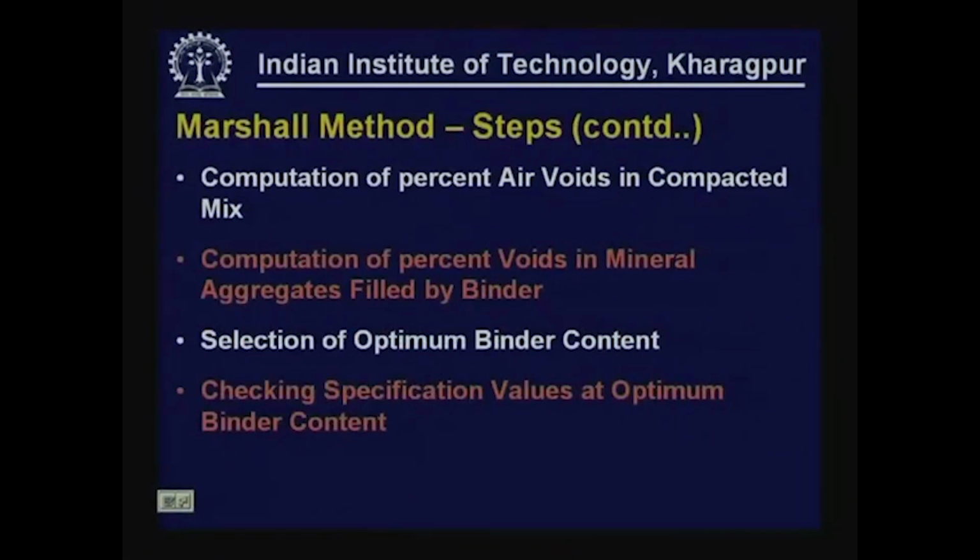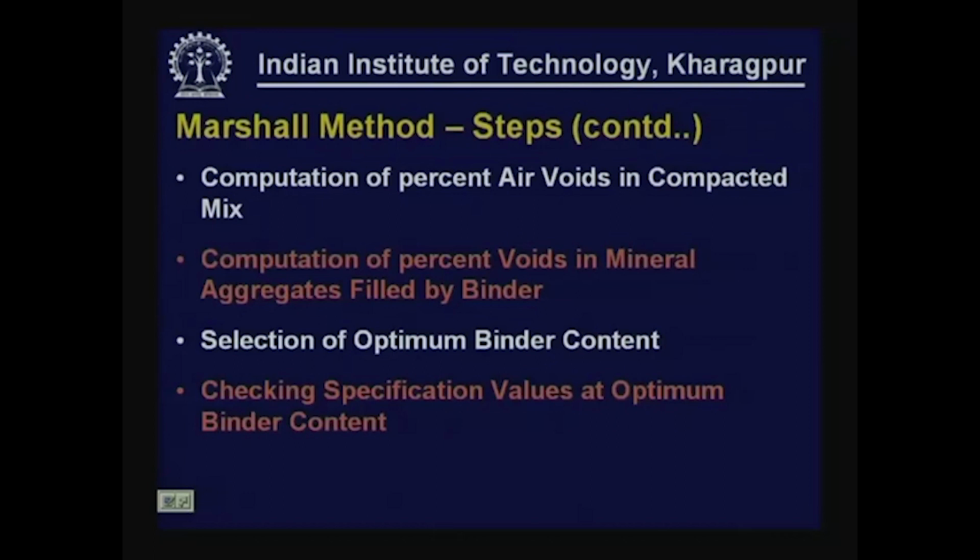So, using this information, we can calculate the air void content in the compacted mix, we can calculate the percentage voids in the mineral aggregate filled by binder or bitumen, and using all this information, we can also calculate other volumetric parameters. Using all this information, we will select an appropriate binder content known as optimum binder content.